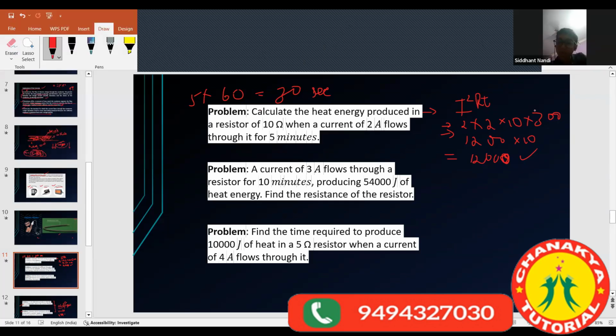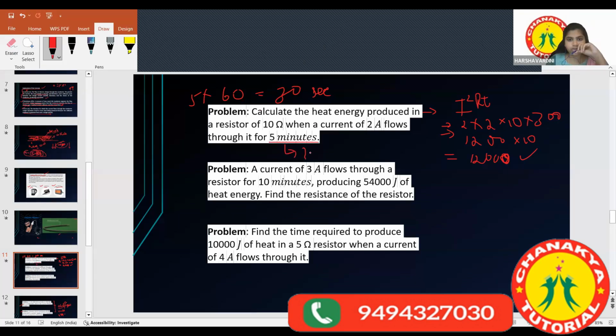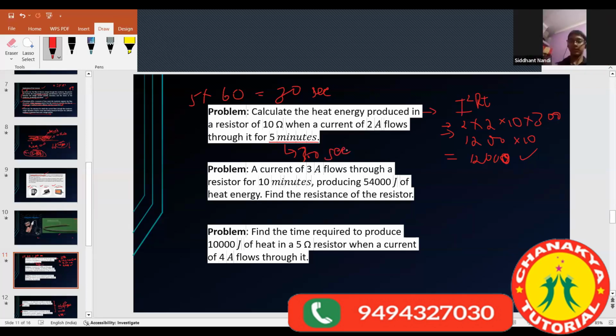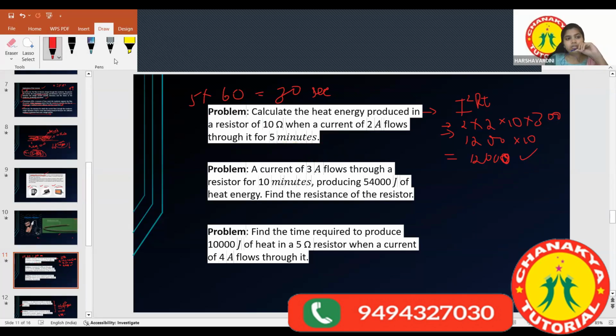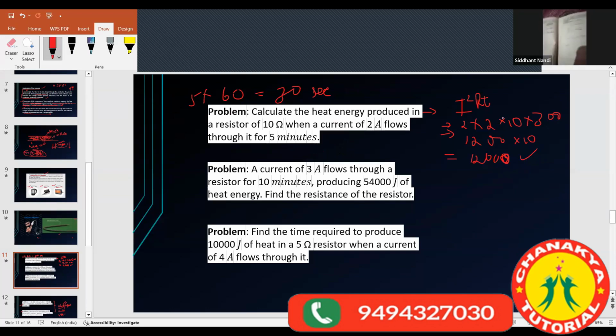Ma'am, how? Because we are converting the 5 minutes to 300 seconds. You did that conversion? I didn't do it. I wrote the formula as H equals I square RT.